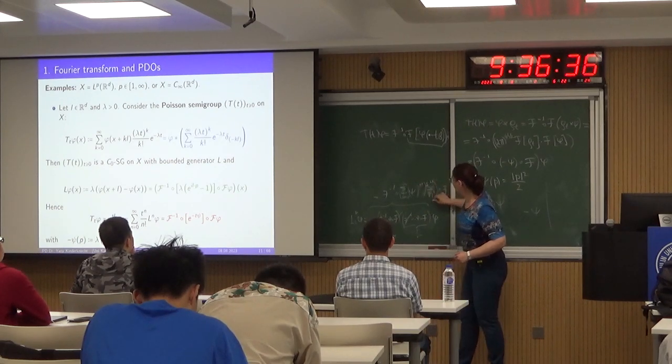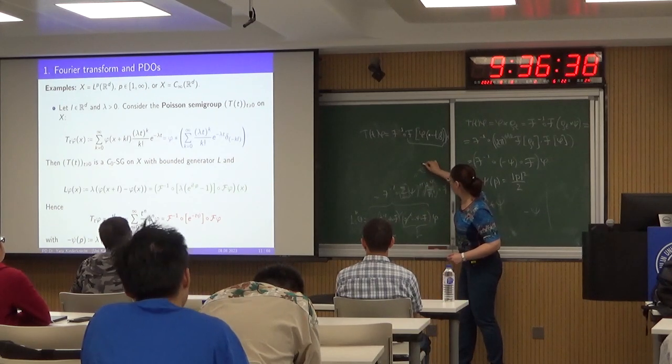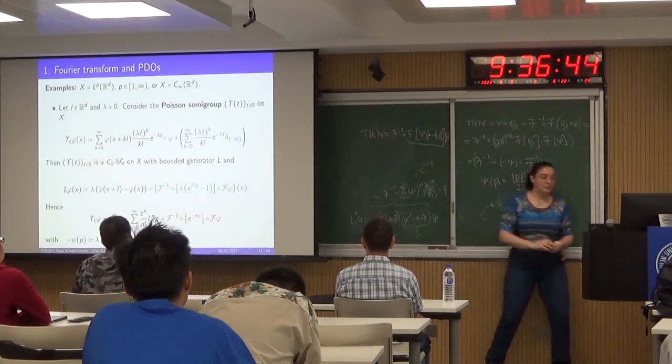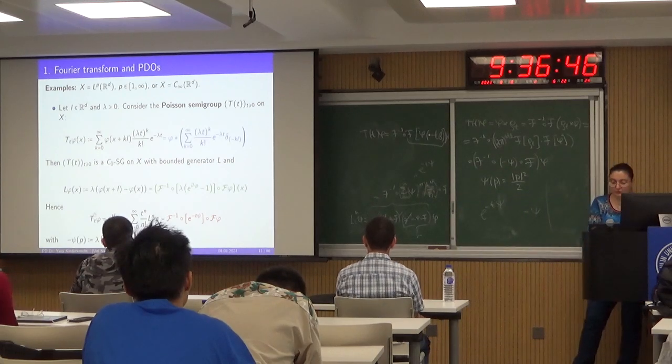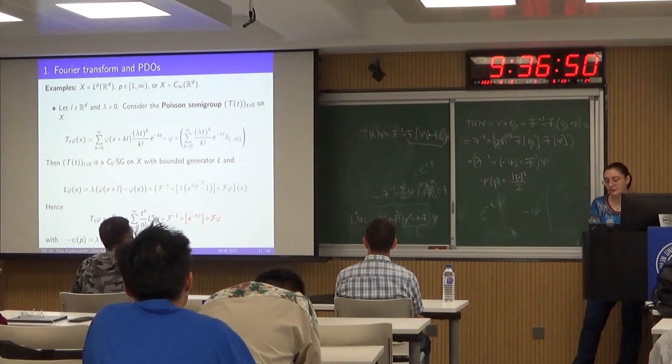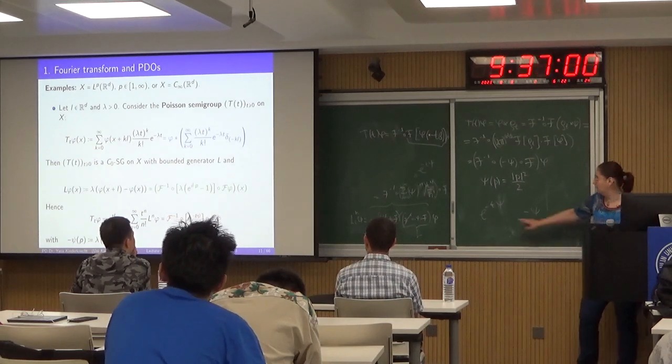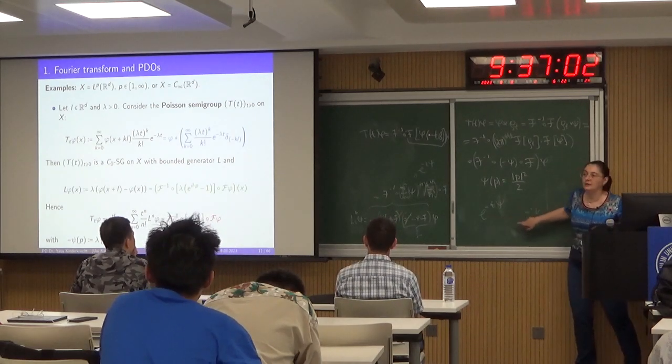But this is nothing else than e to the power minus t psi. So that's why the semigroup is just a pseudo-differential operator with this symbol. So this is my psi, and the symbol of the semigroup is again e to the power minus t psi. So again we have the same story.